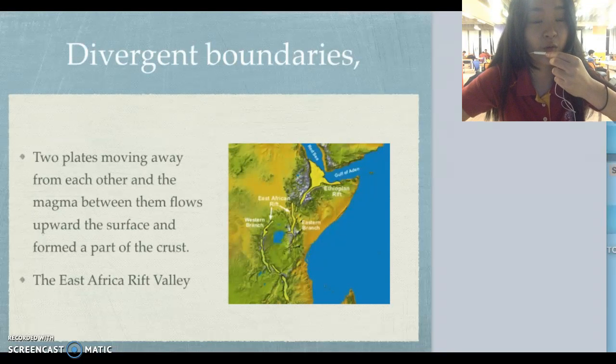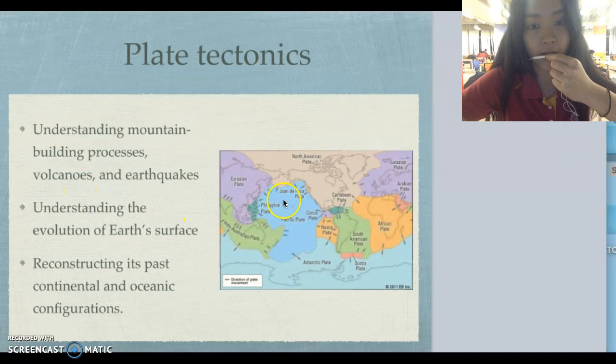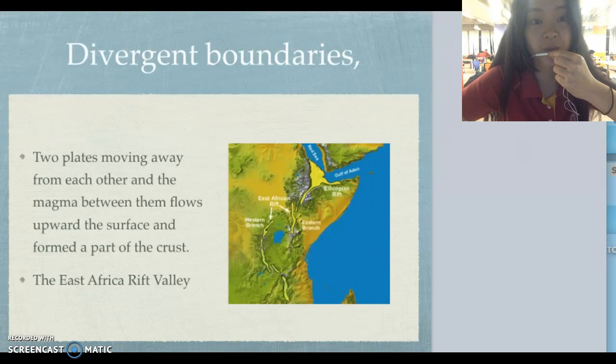So, how do the Earth's tectonic plates transform? This is one kind of it. This is called a divergent boundary, which means that two plates, like the blue part and the purple part, are moving away from each other.